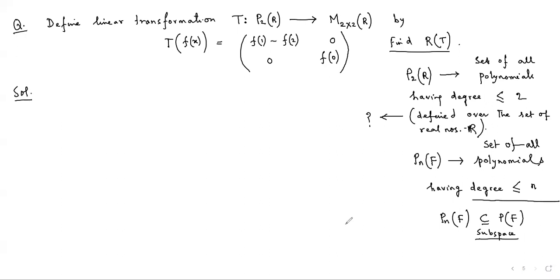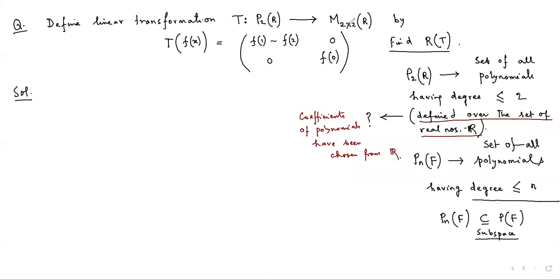The coefficients belong to R. Exactly. It means that the coefficients of these polynomials have been chosen from R.